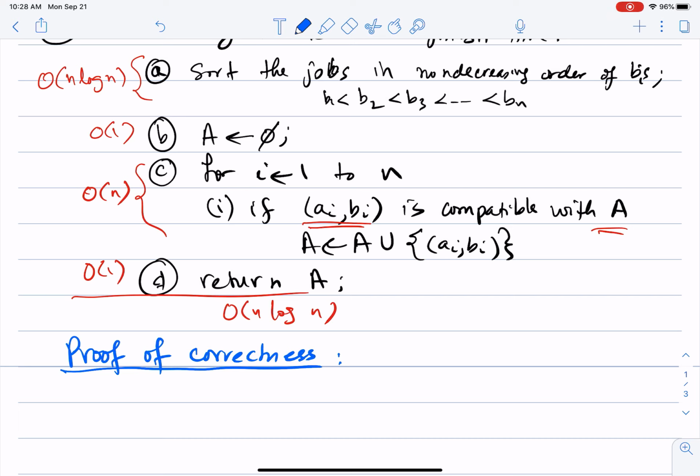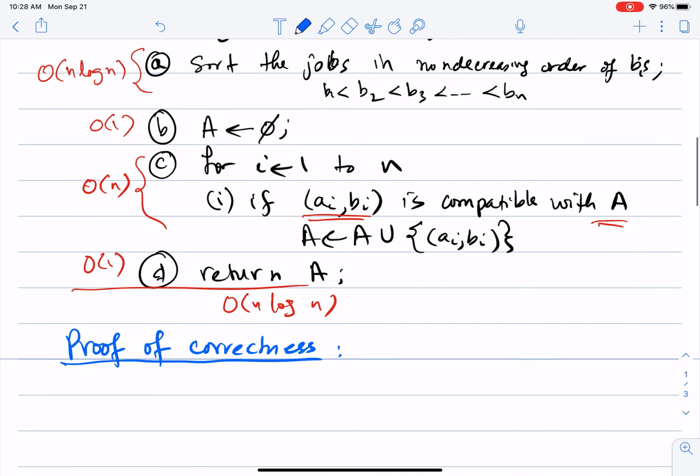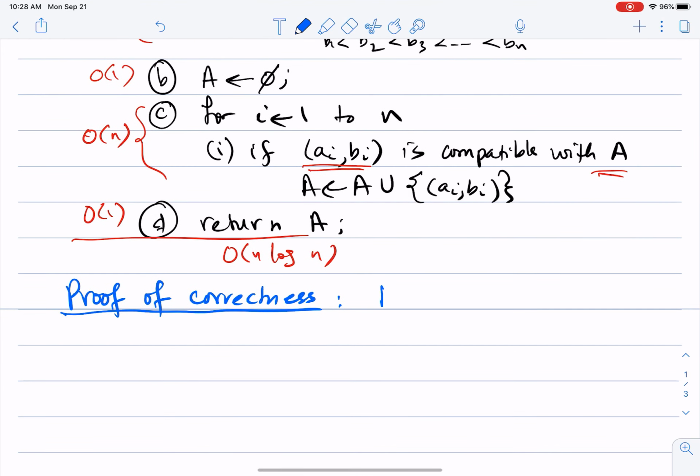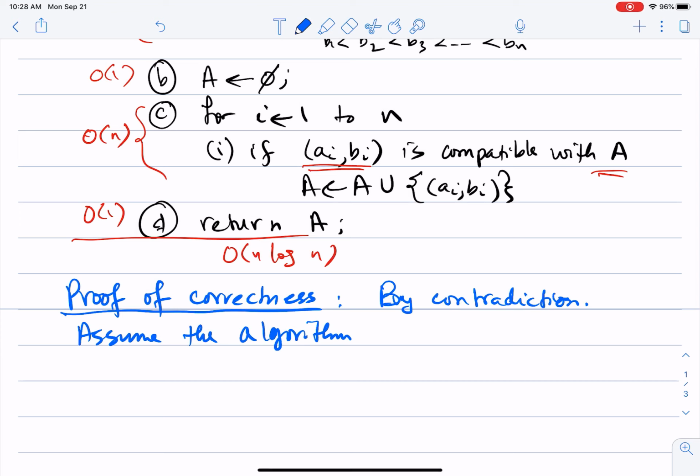Let us illustrate that proof on this very problem here. So the proof is by contradiction. Let's assume the algorithm we just gave here, which is sort in non-decreasing order of finish times and choose based on that order, is not optimal.